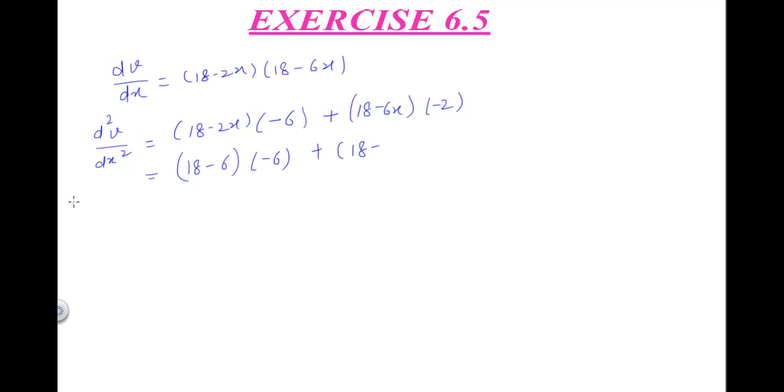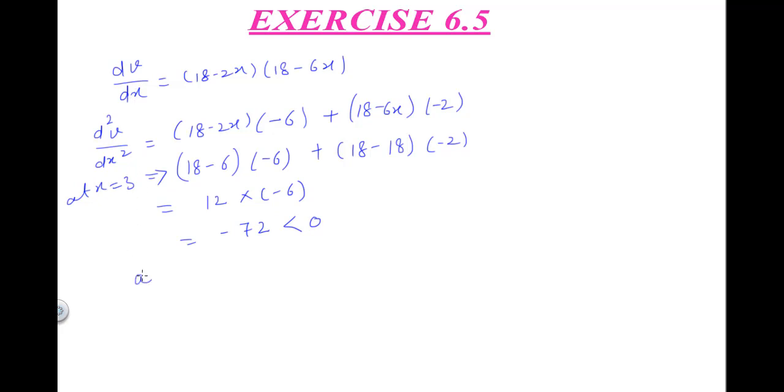18 minus 2 multiplied with 3 is 6, into minus 6, plus 18 minus 6 into 3. So I'll just write here at x equals 3. This implies, 18 minus 6 into 3 is 0, into minus 2. So this will become 0, and we have here 18 minus 6 is 12 into minus 6, which is minus 72, less than 0.